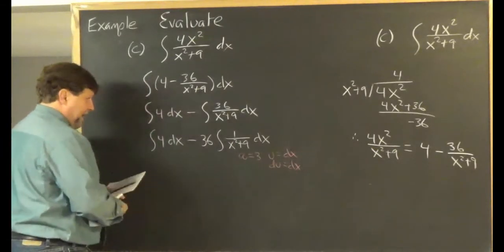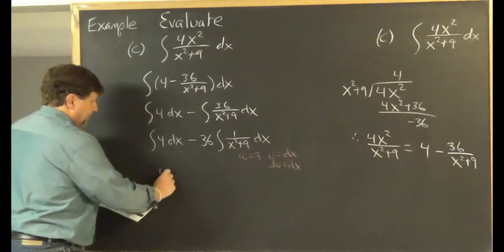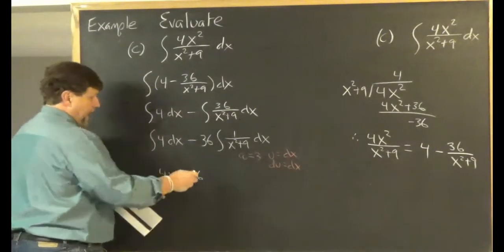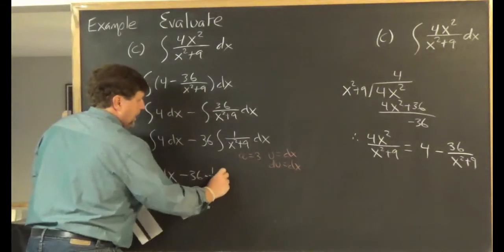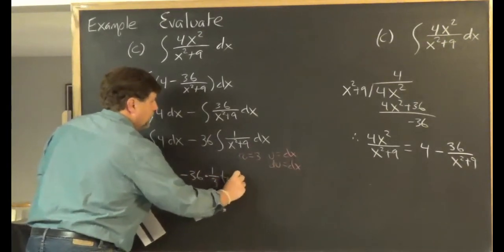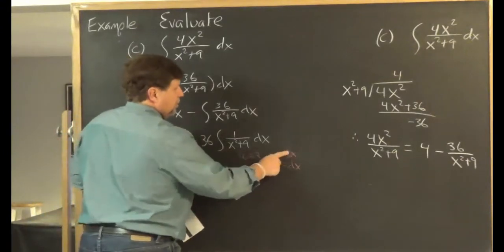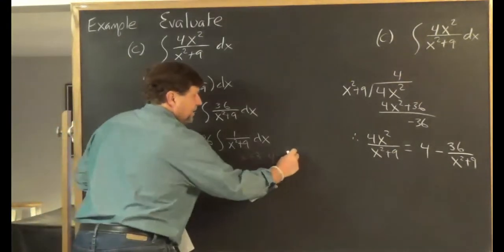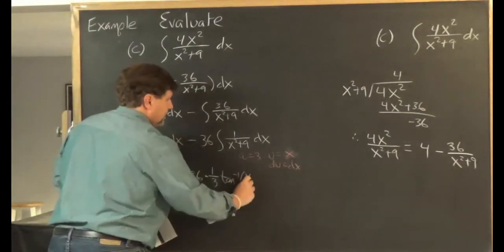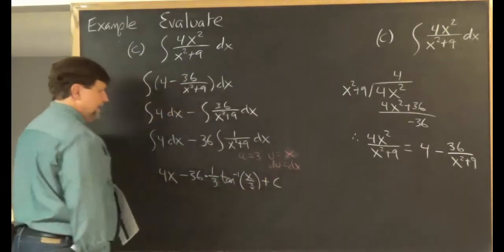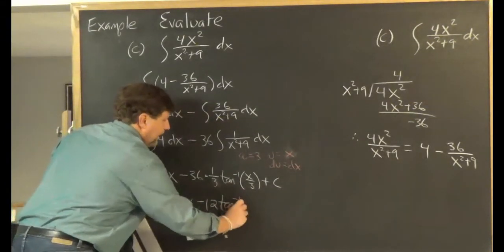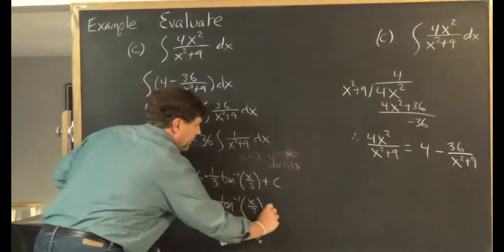So when I get my antiderivative, the antiderivative of 4 is 4x, minus 36 times 1 over a, inverse tangent of u over a. That should be u equals x, not u equals dx. Got a little ahead of myself there. u over a, so that's x over 3, plus C. And I would clean it up to 4x minus 12 inverse tangent of x over 3, plus C.